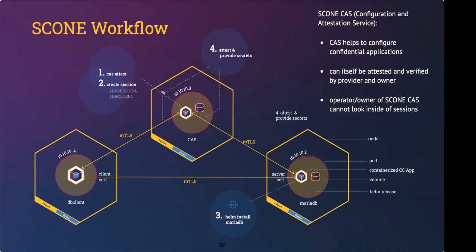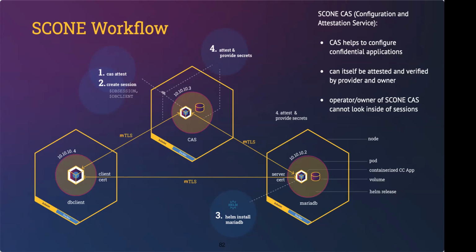For all of this to work, the CAS needs some policy, and you can actually attest the CAS via a command line, so you can make sure that CAS itself is trusted. Then you can create what we call sessions or policies, where you say how to attest a MariaDB and what you expect from the CPUs. You can limit on which CPU the MariaDB can start.